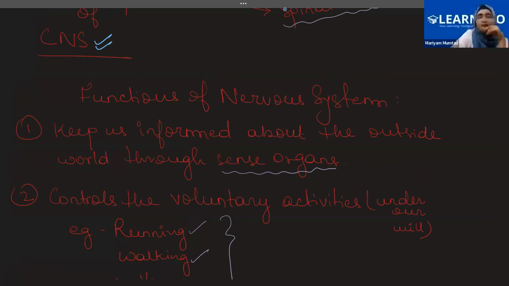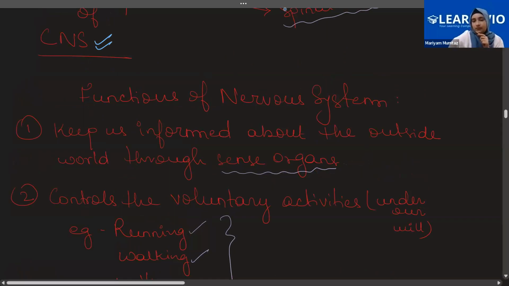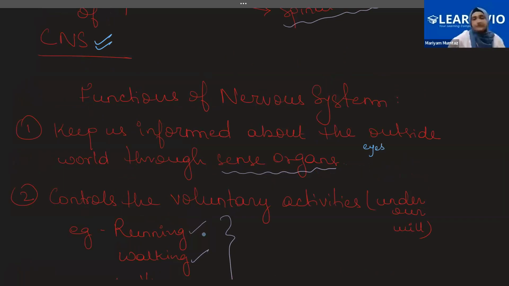Now, tell me, how many sense organs do we have, students? Six? Name them. Five. We have eyes, ears, nose, skin, and tongue.